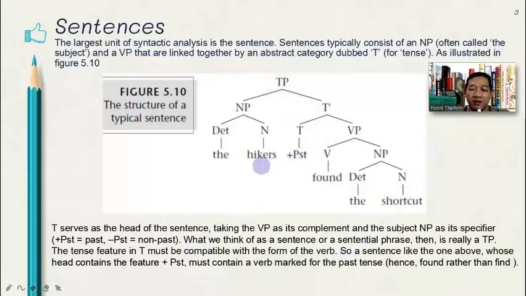For example, this is found. This is compatible with past situations that happened.